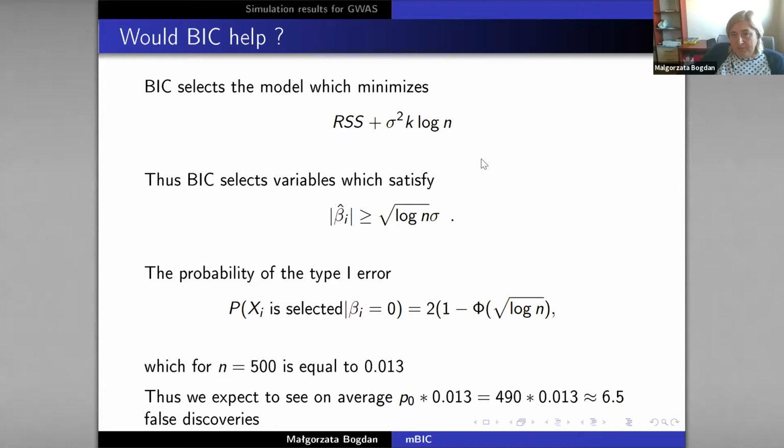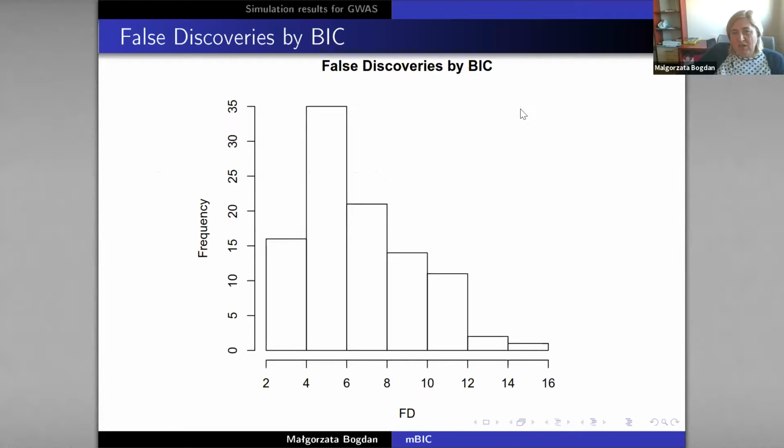So this criterion for each given variable asymptotically is going to give a true decision. But the number of false discoveries is going to increase when P increases, because this criterion has no multiple testing correction. And here you have a simulation study which shows this. Again, we did a simulation, and you can see that the average number of false discoveries really oscillates around 7. So BIC also does not prevent false discoveries when you look through a large database.